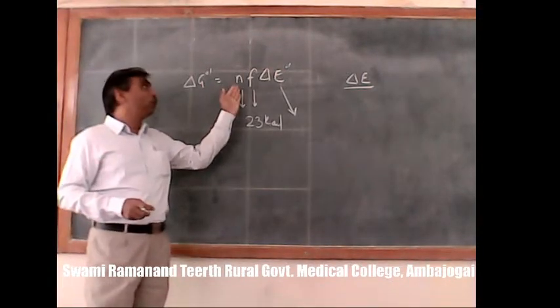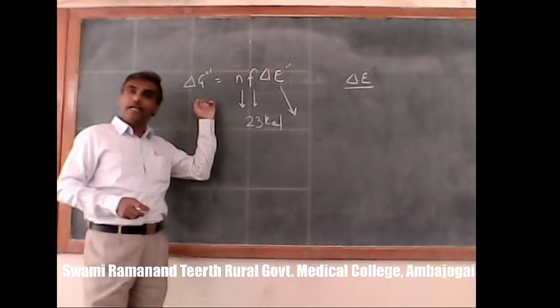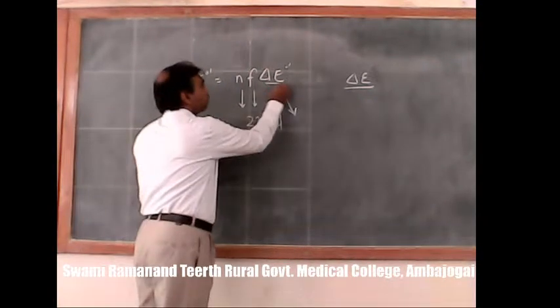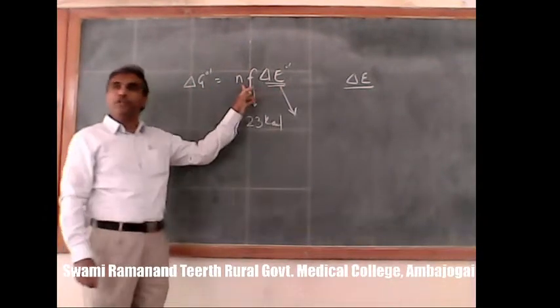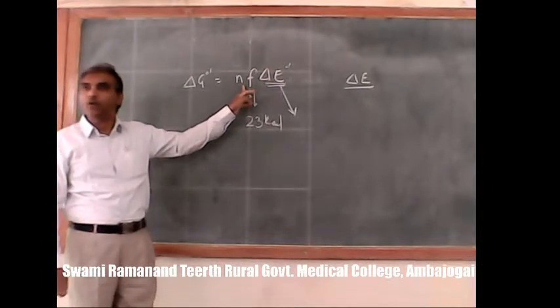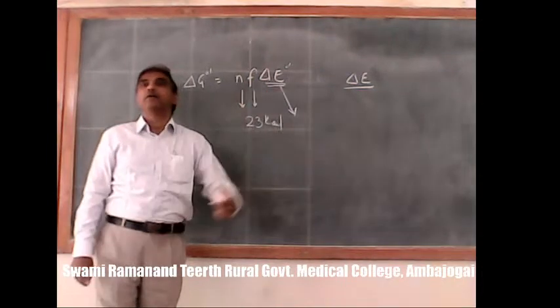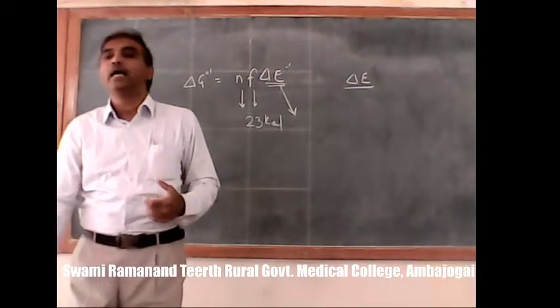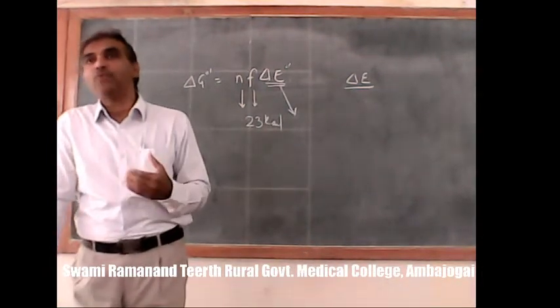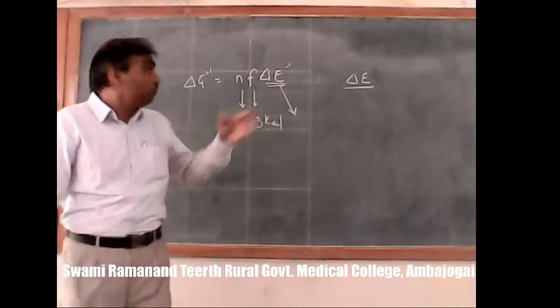So we know that this energy depends on, because 1 or 2 electrons are transported, this is constant. So whatever difference in the redox potential is there, that is the main determinant of the energy that is useful.